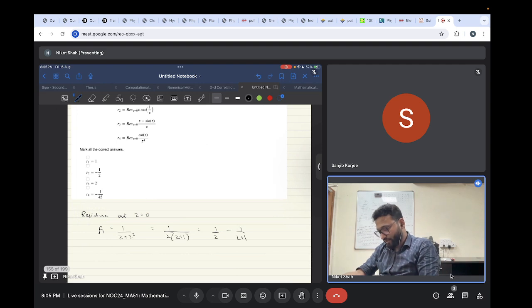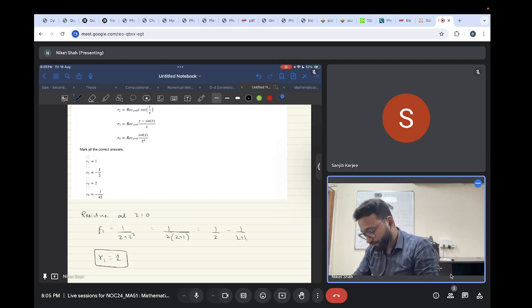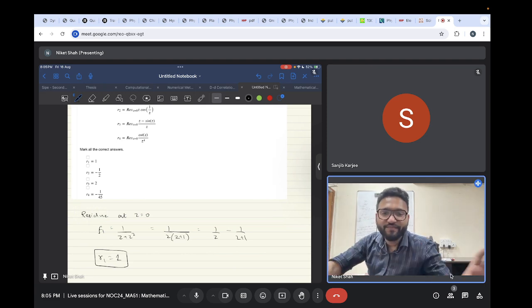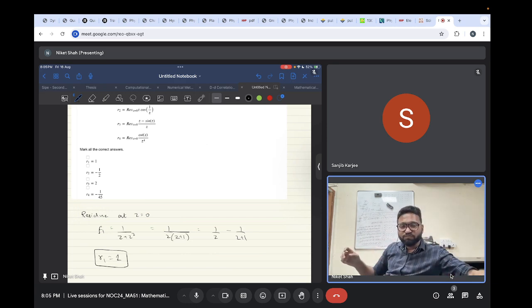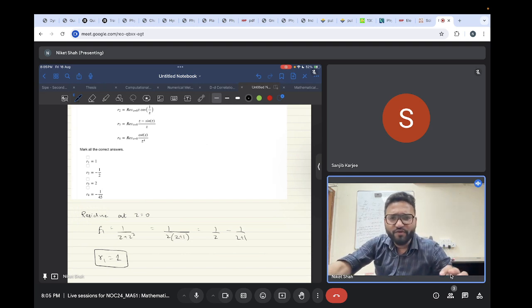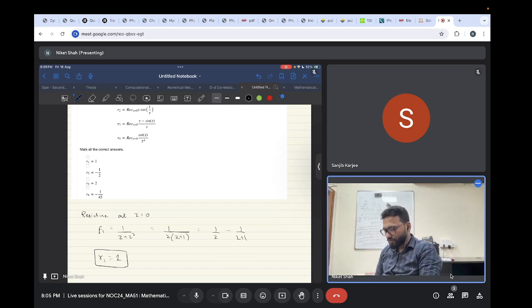So coefficient here is just 1. We want to directly find the exact coefficient corresponding to 1 by z. Here it was pretty much straightforward to do that, and the coefficient corresponding to 1 by z is just 1. So that's part 1.